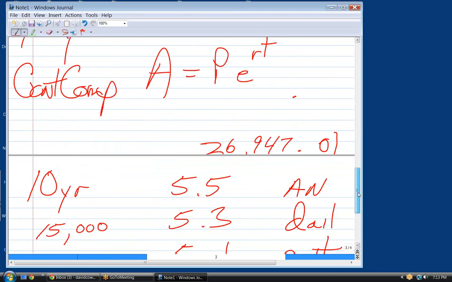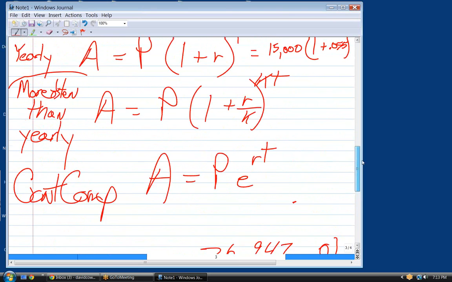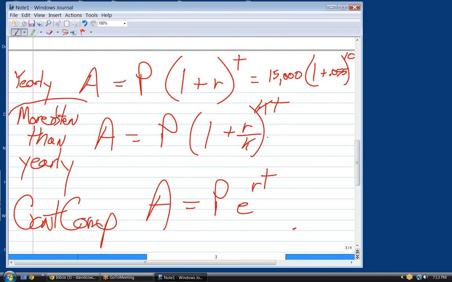The second choice is daily, but they're only going to give you 5.3%. So tell me what I should write to plug in for this one. 15,000 plus 1 plus 0.053, I believe.